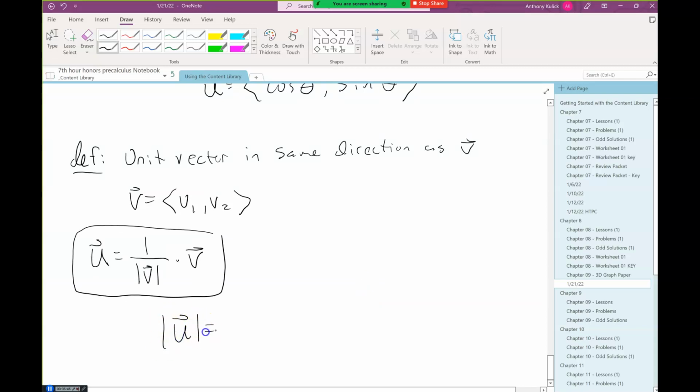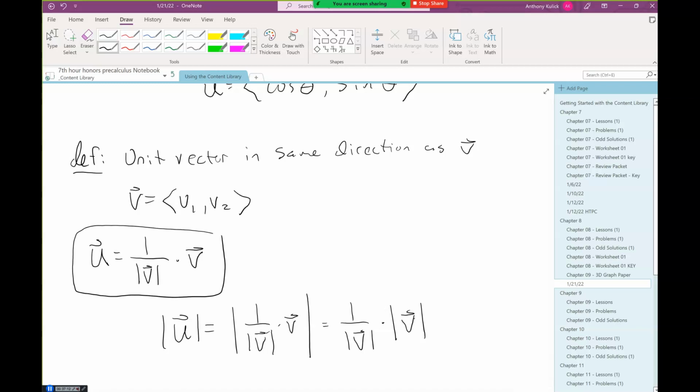Well, how do I know that is actually a unit vector? Well, if I take the magnitude of u, that's the same thing as the magnitude of 1 over the magnitude of v times vector v, right? Now, 1 over the magnitude of vector v is just a scalar. So I can pull that out of my magnitude, like we just showed you a second ago.